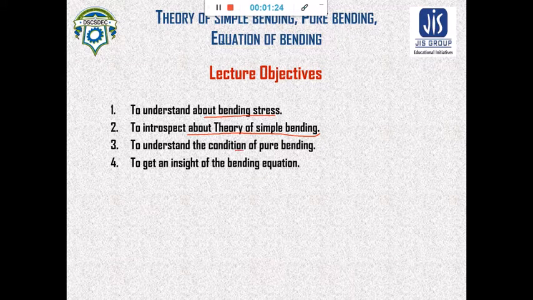Next we will see the condition of pure bending and how to deal with it. Then we will get an insight into the bending equation. The derivation of this equation is not so important for you, but you should know the equation of bending. So this is your first lecture of this topic, bending and shear stress.